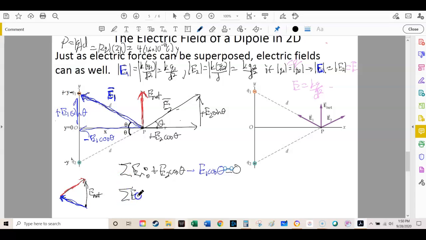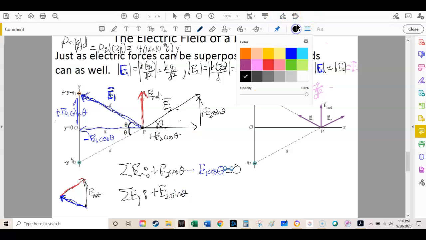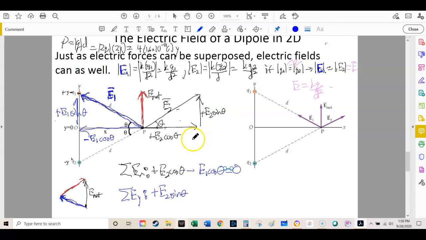So the only important part to sum up is the y direction stuff, which is actually going to end up being just the net direction, right? The y direction stuff is going to be E2 sine of theta, plus E1 sine of theta.